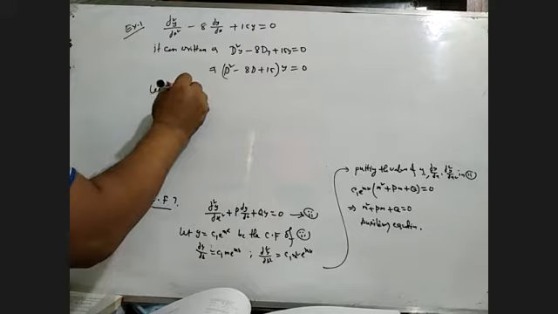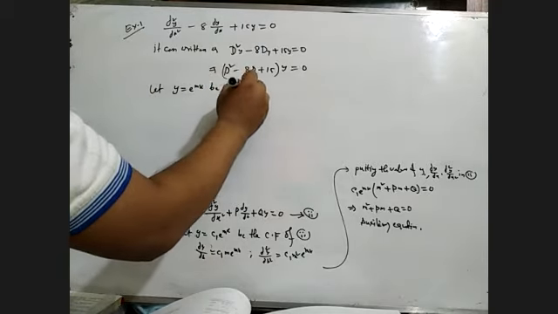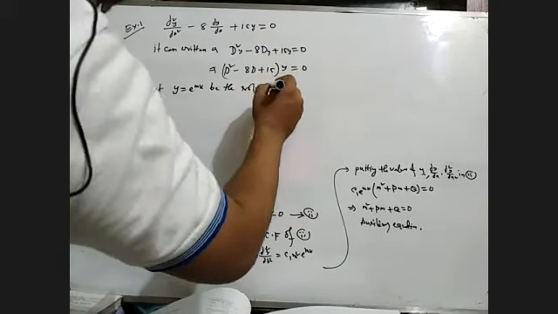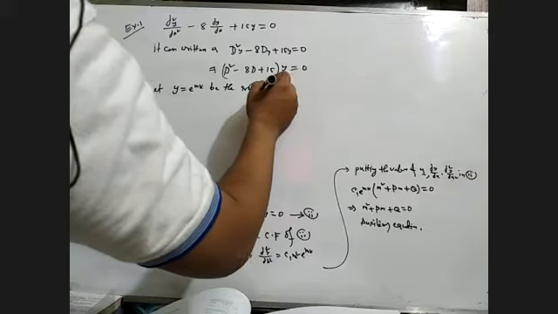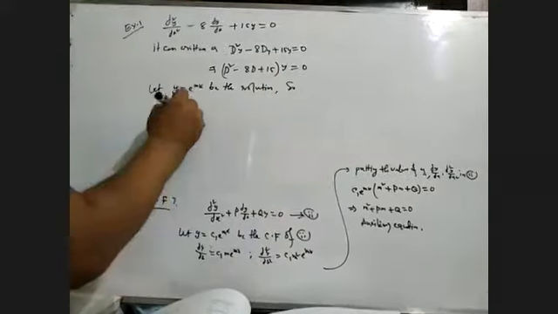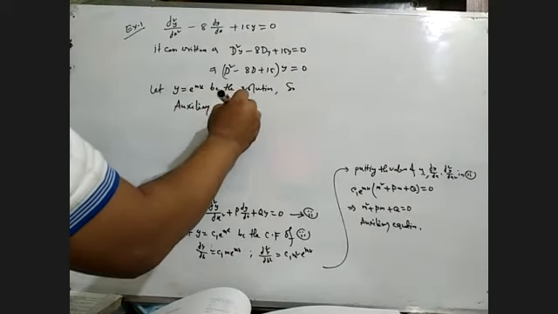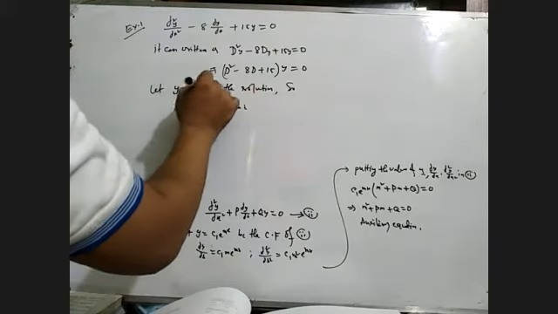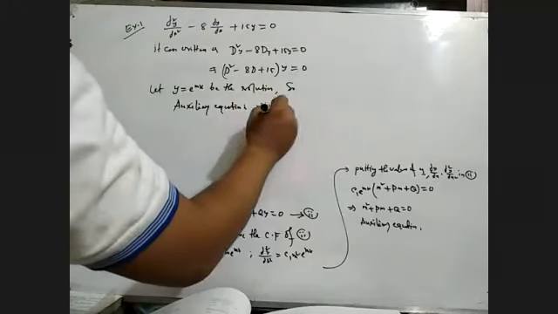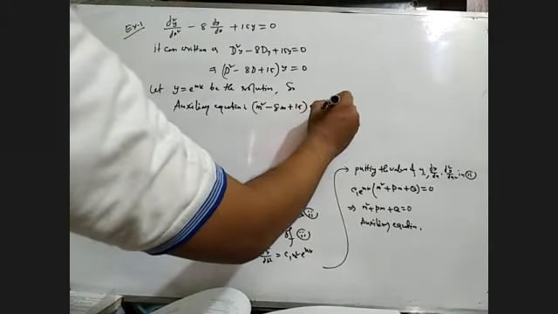Let y equals e^(mx) be the solution. So the auxiliary equation: D² means m², so (m² − 8m + 15) e^(mx) equals 0.